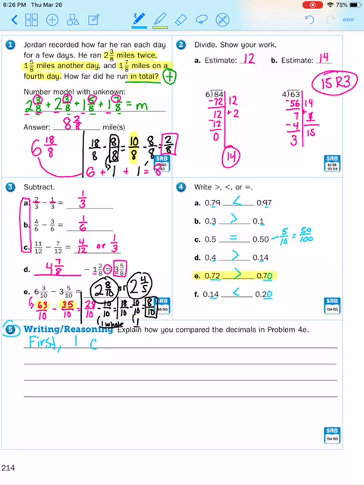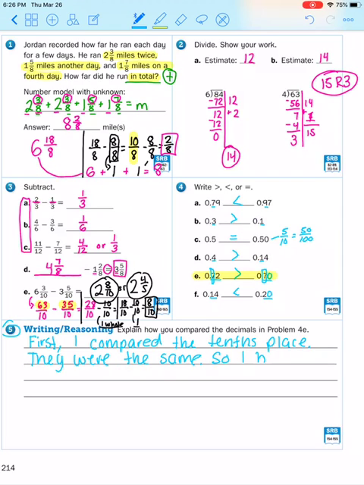First, I compared the tenths place. And we notice that this tenths place is 7, and it's 7 here, right? So they were the same.